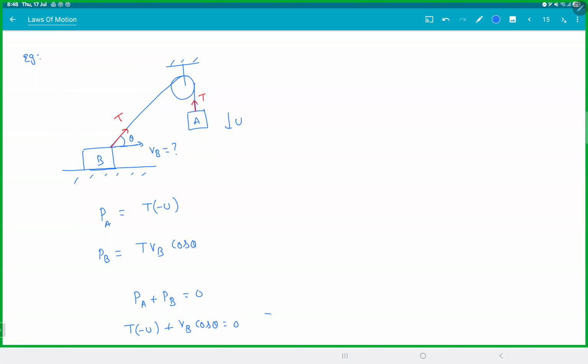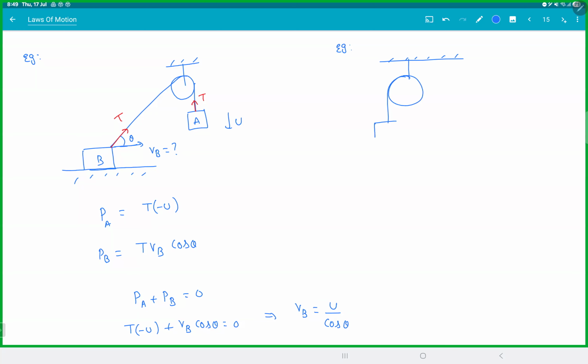Therefore, we get VB is equal to U by cos theta. Got it so easily? There is no need to differentiate, nothing. Find the tensions, get the velocity, get the power, and finish it off. Sure with this? Let's see one more example and then we'll do more problems.